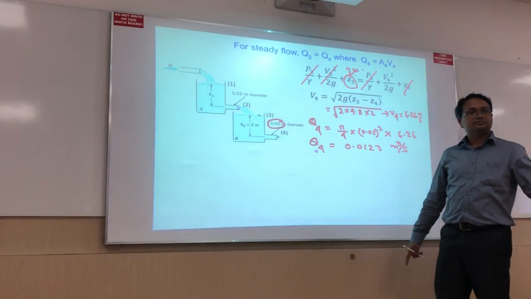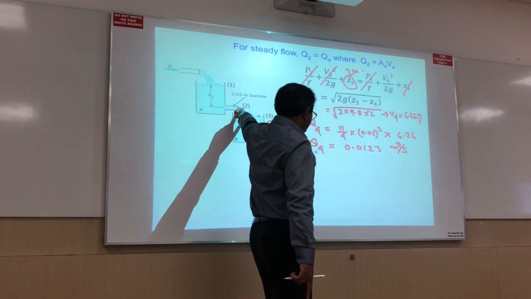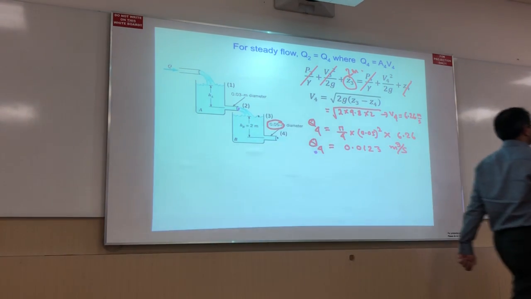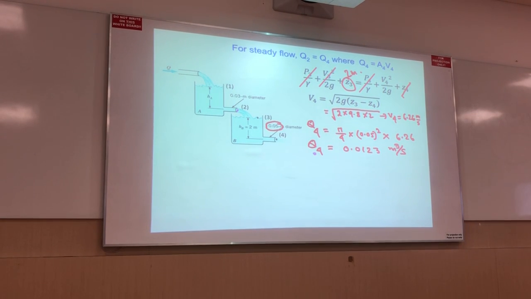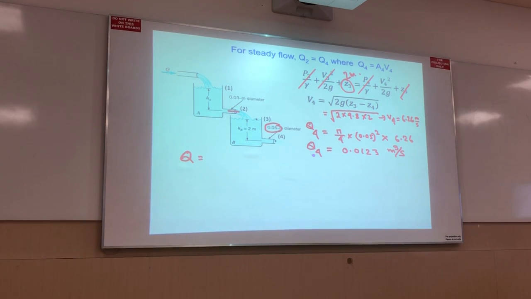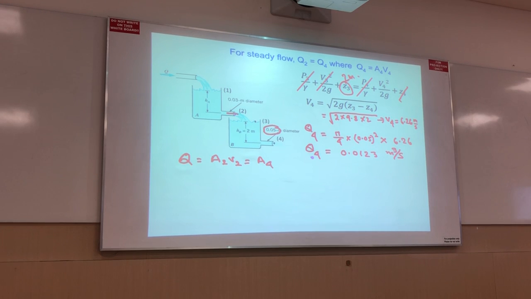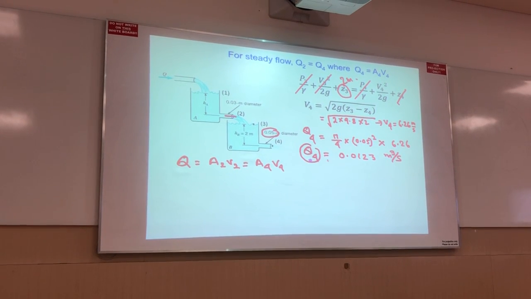Then I can easily calculate the value of V2 from that condition. Q is A2 V2, equal to A4 V4. Q4 means A4 V4.